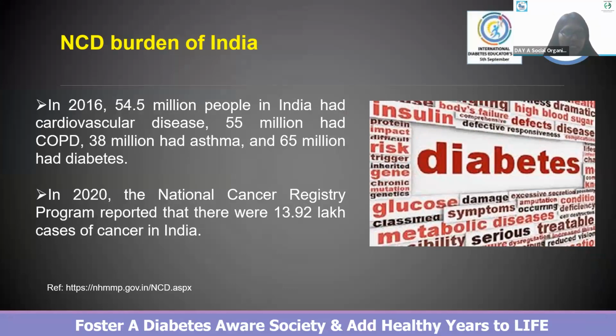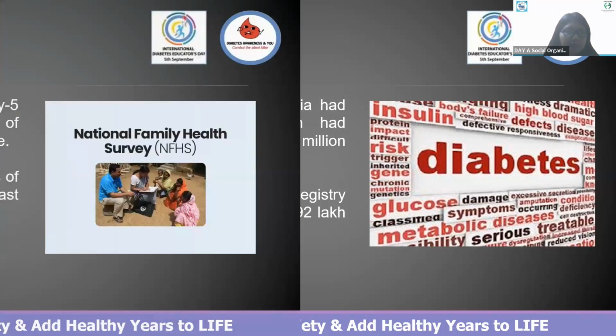In 2016, 54.5 million people in India had cardiovascular disease, 55 million had COPD, 38 million had asthma, and 65 million had diabetes. In 2020, the National Cancer Registry Programme reported 13.92 lakh cases of cancer in India. So gradually the number is increasing.